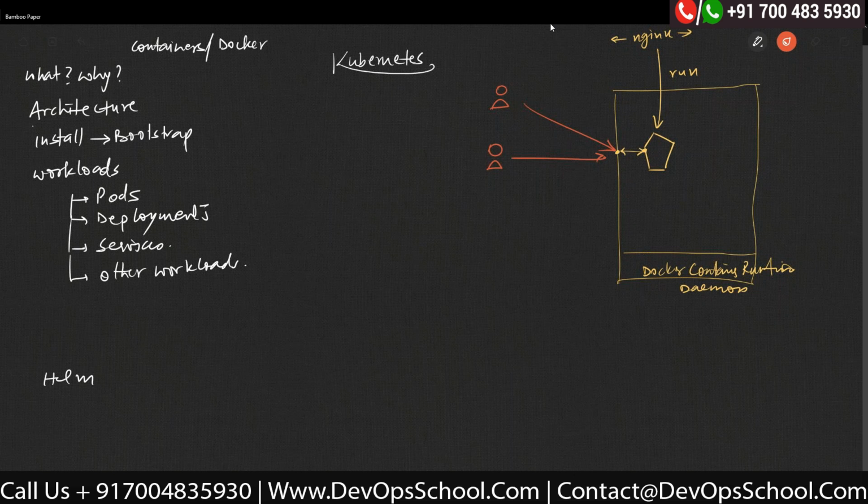Now, this is okay to run an application, but to ensure that the application is running all the time and available all the time for your end users, this is not enough, right? It's like running an application on a server. Instead of installing the application manually, you are just running it in a container, right?